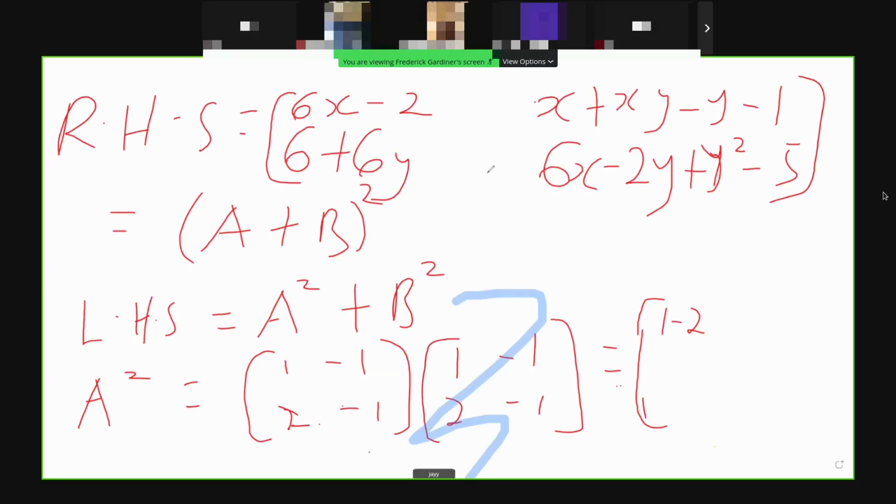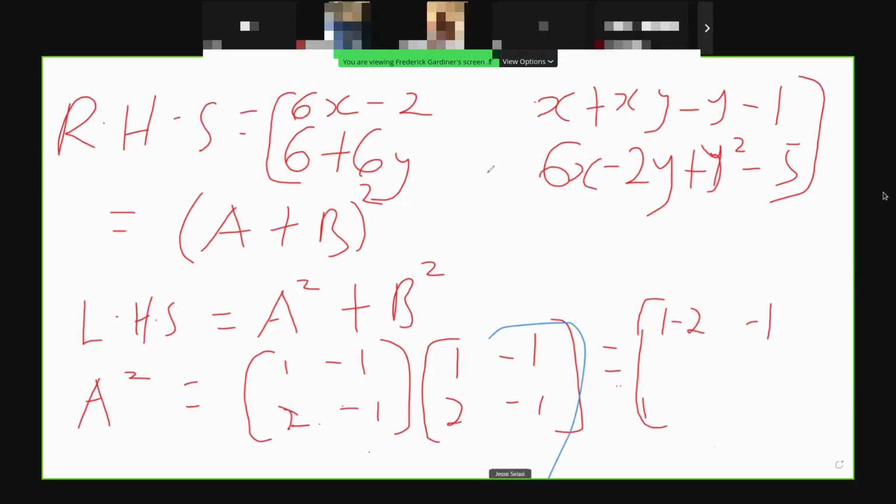That will be 1 minus 2. Then the same first row takes on the second column. 1 multiplies -1, I get -1, plus -1 multiplying -1, so +1.